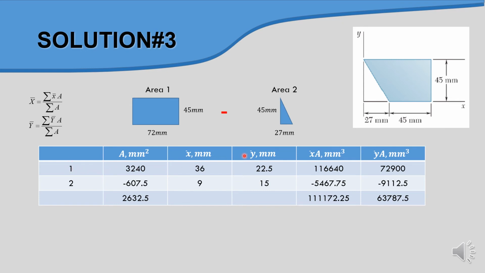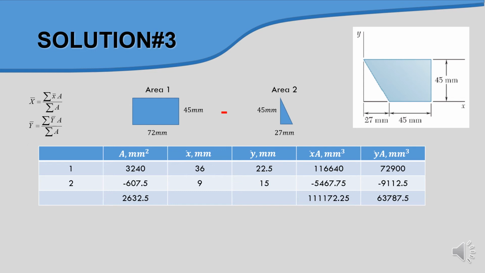So the row here is number one, and we have 5 columns indicating the values of A, x bar, y bar, x bar A, and finally y bar A. By using this table, we can calculate easily and very fast get the values.